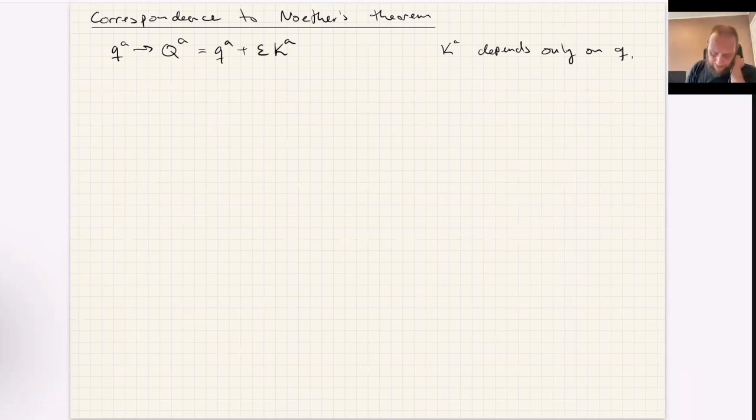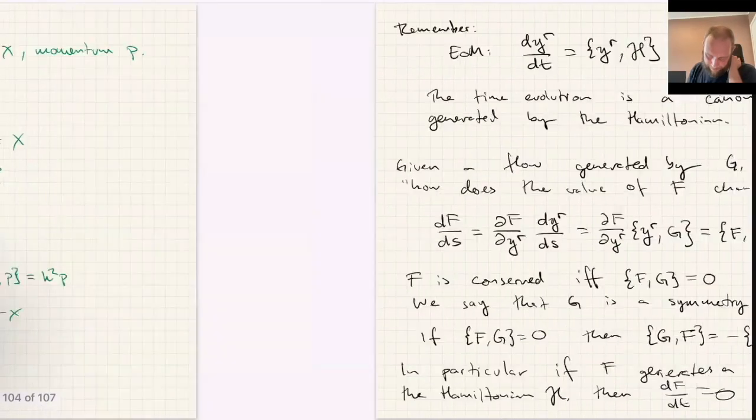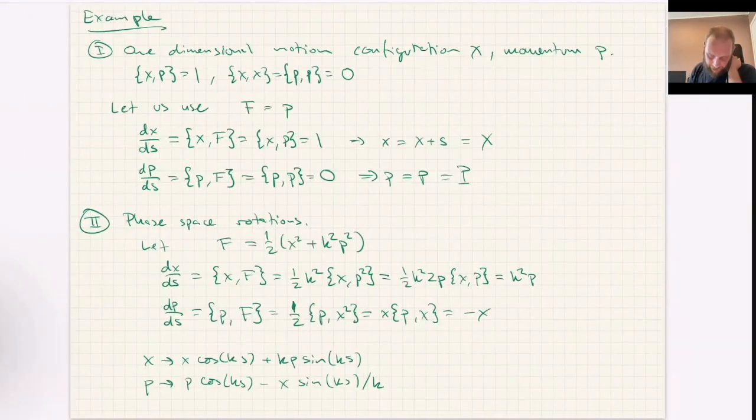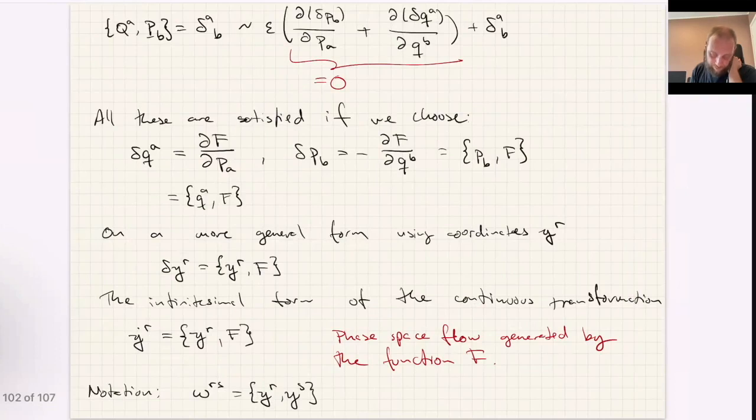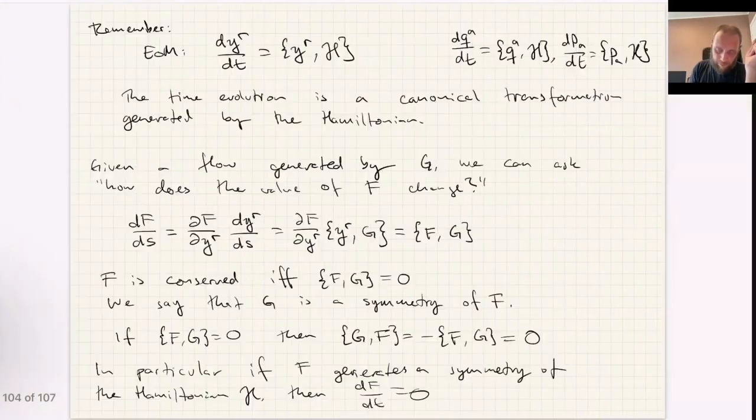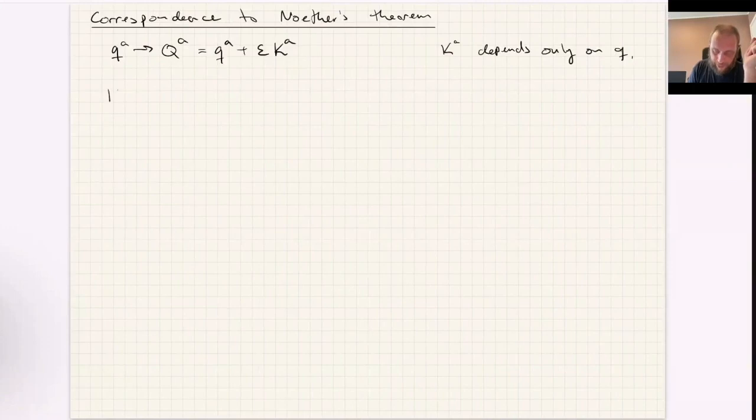But this means if we go back here, I should have the following: the function that is my generating function, its derivative with respect to p_A should be this delta q^A, or K^A in this case. So K^A is the derivative with respect to p_A of some function f.